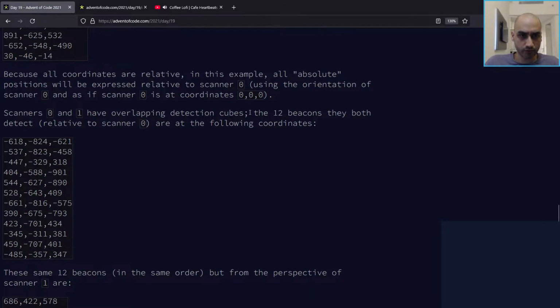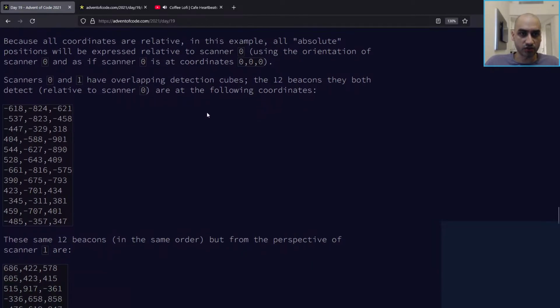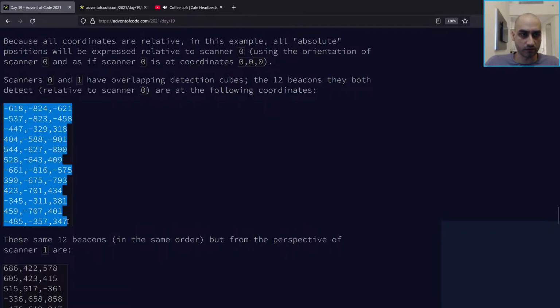If that's true, then I guess you can deduce by some process that it must be these 12. I'm not sure how yet, but I guess that's the part of the problem.